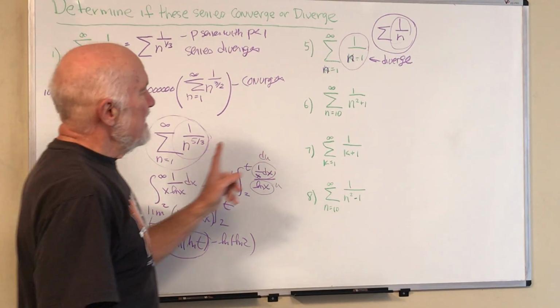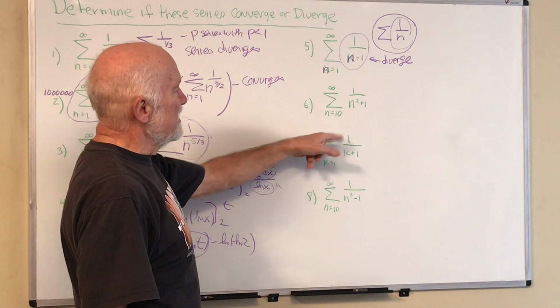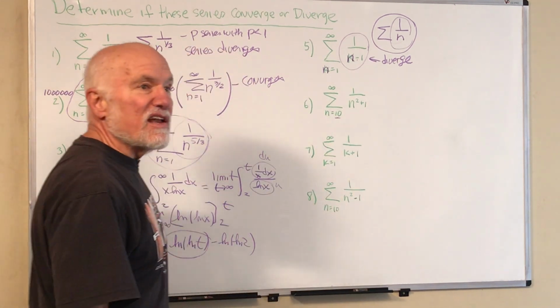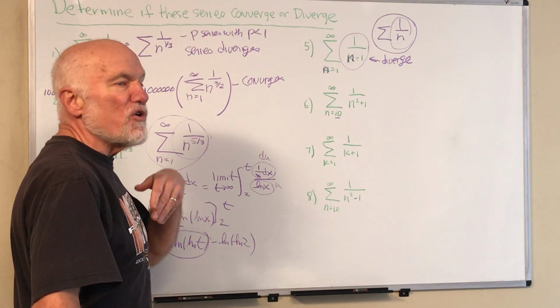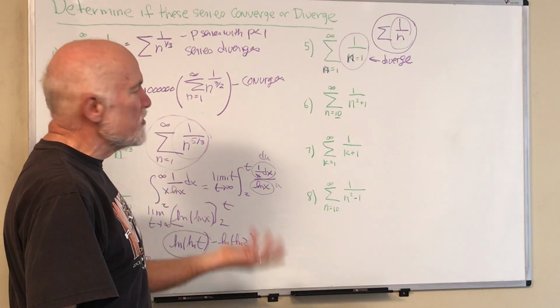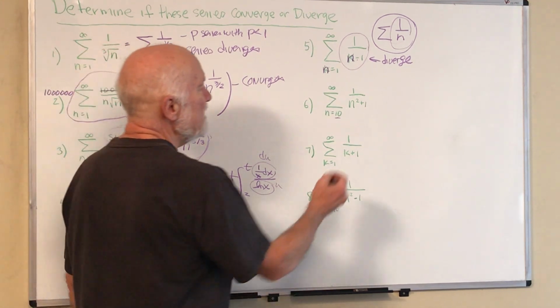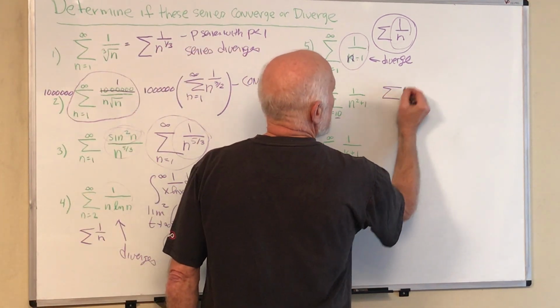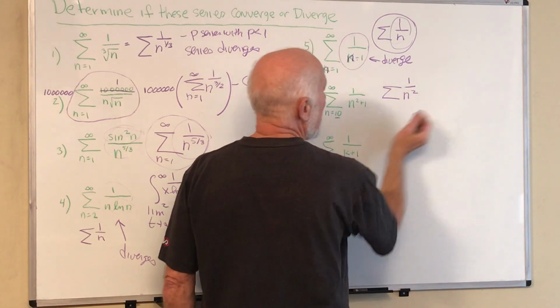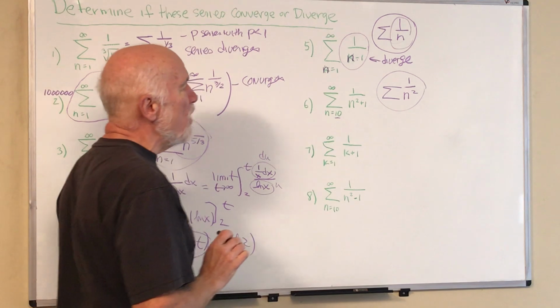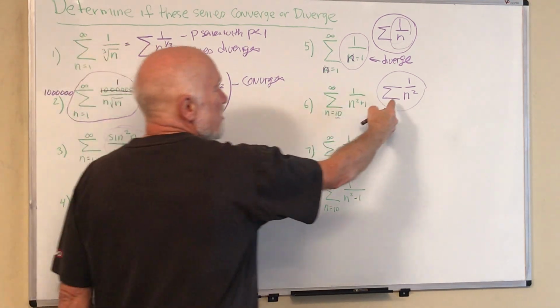Now, here's one that's fairly similar. And just for kicks, I started at 10 instead of at 1. Remember, those first terms don't really matter as far as convergence or divergence is concerned. Well, I'm going to compare that to 1 over n squared. We know that's a p-series with p greater than 1, so this converges.